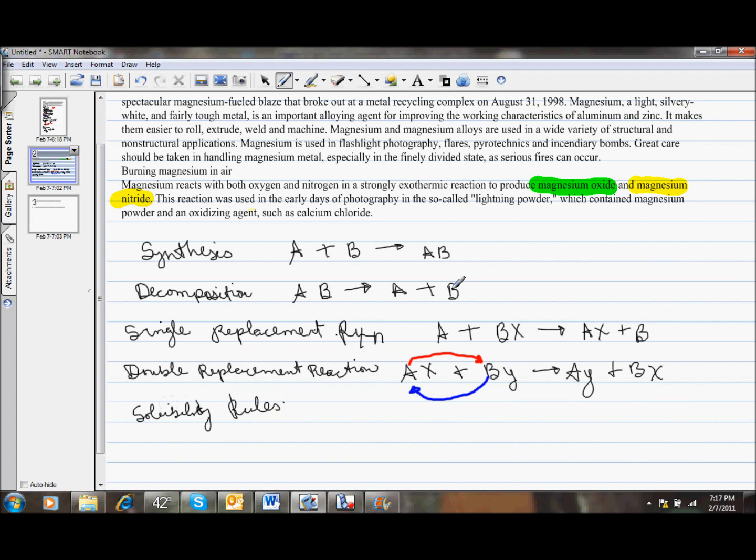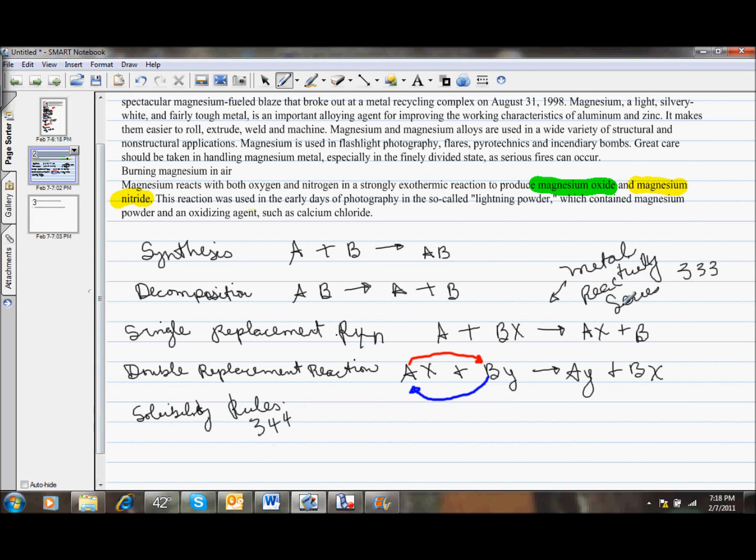You need that for your double replacement reaction, and with your single replacement reaction, you need to know your metal reactivity series. I think that comes up on page 333, and your solubility rules are on page 344 of your text. So you probably want to take a look at those.